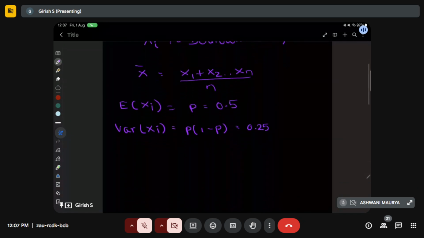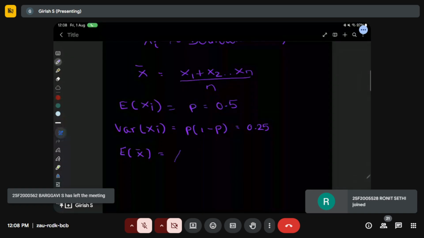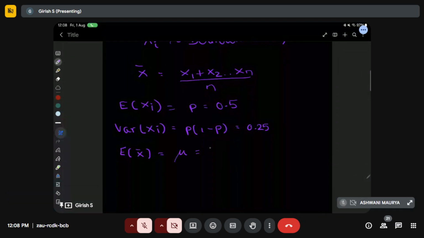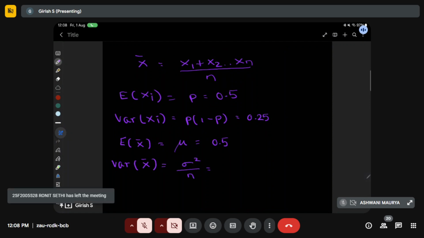Now coming to X bar, the expectation of X bar is mu, which is the same as the expectation of Xi, which is 0.5, and the variance of X bar is sigma squared by n, which is 0.25 divided by n.